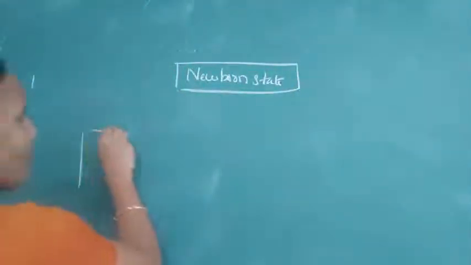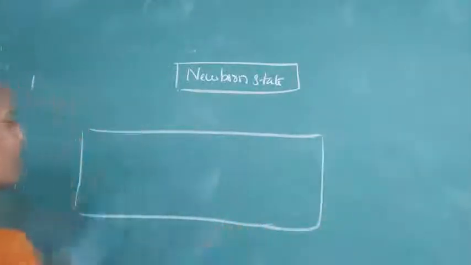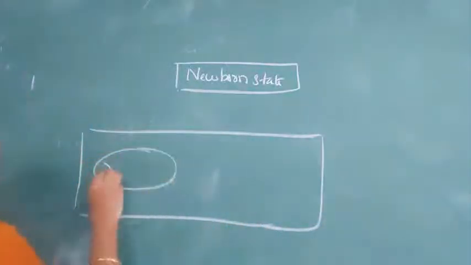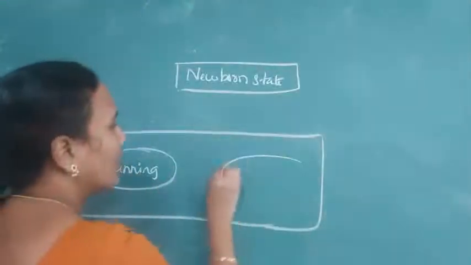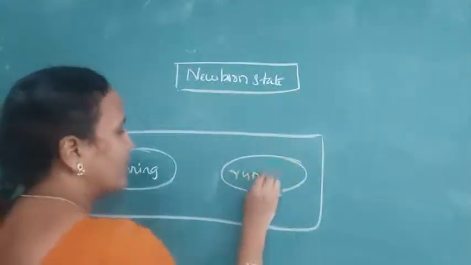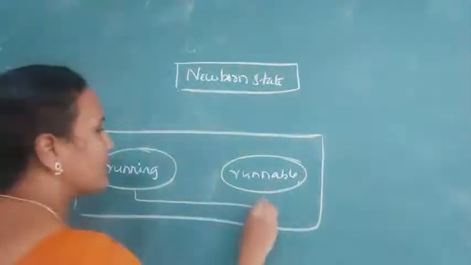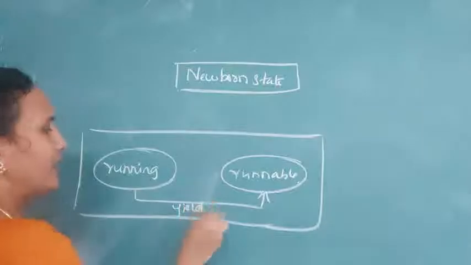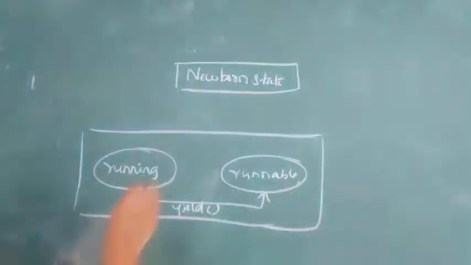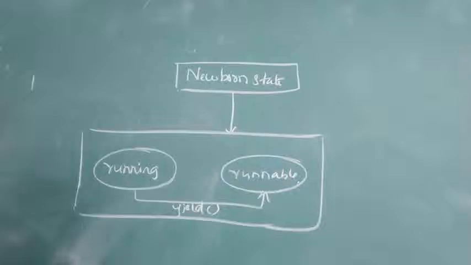Next, you have the running state and the runnable state. From running state to runnable state, we use the yield method. And from the newborn state, the thread can enter either the runnable or the running state.